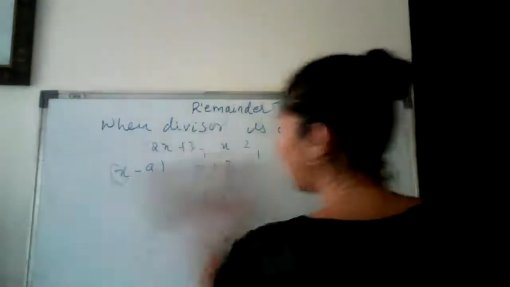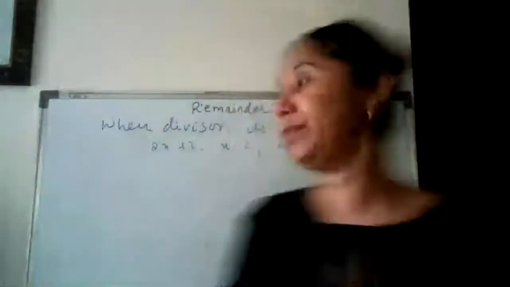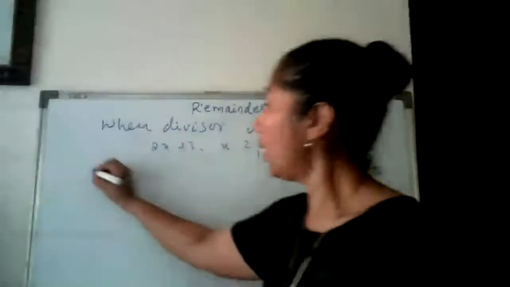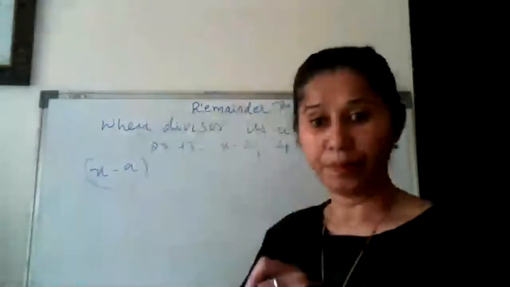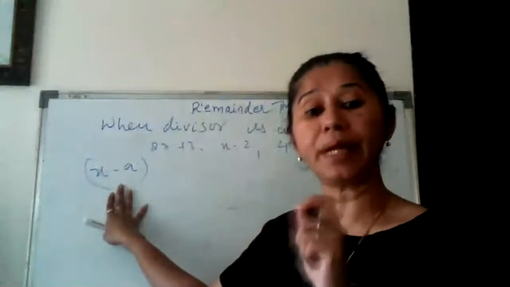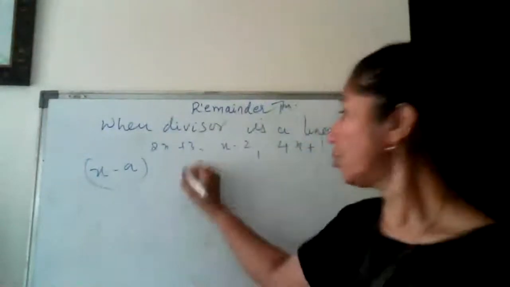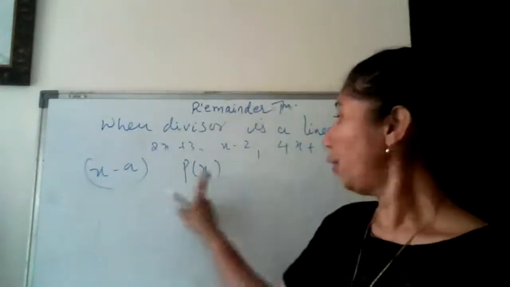So in general, first let me define, and then we will see the specific condition, how, what, and why. Everything. First listen to me. What does it say? When the linear polynomial, that is our divisor, is of the form x minus a, and it has to divide any polynomial in x, our polynomial is p(x).